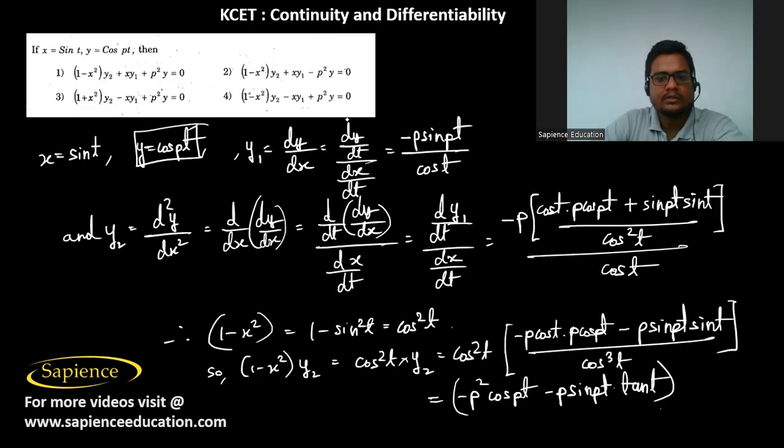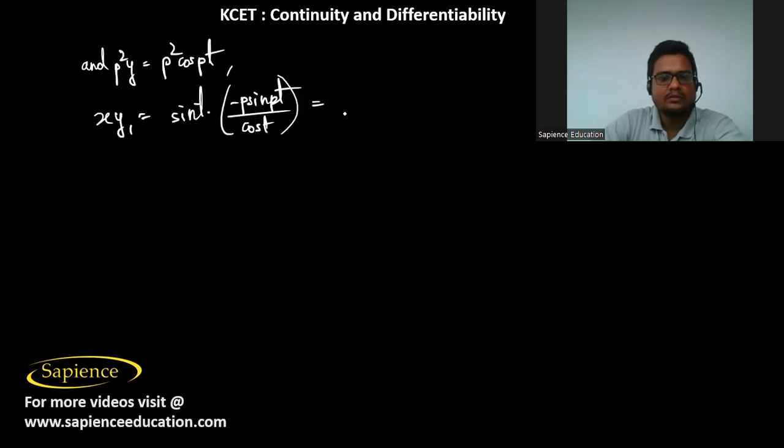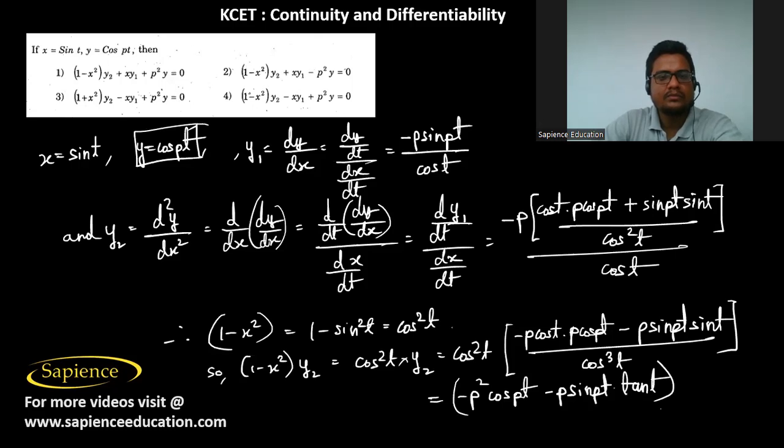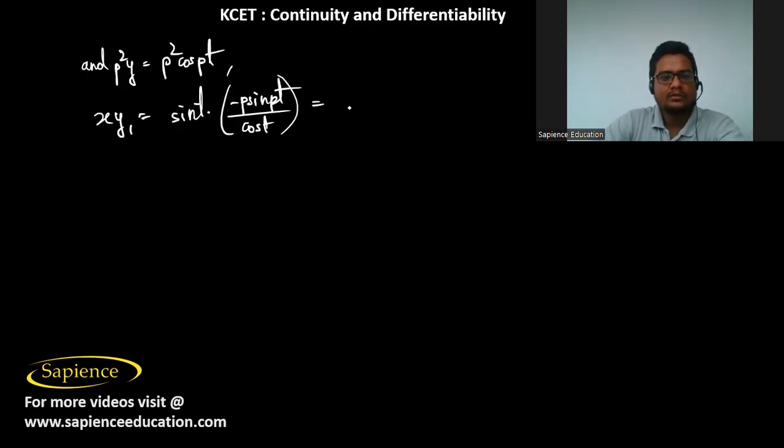So this will be equal to minus p sin pt into tan t.